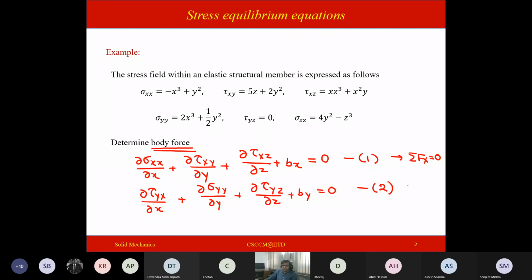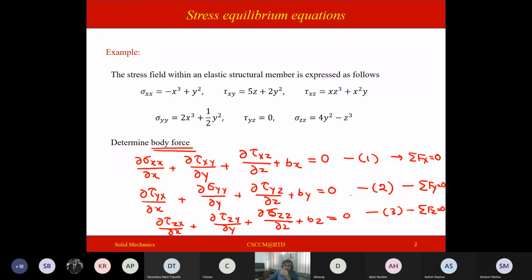This is my equation 2, obtained by equating Fy to 0. And lastly, I have the third one, del tau zx del x plus del tau zy del y plus del sigma zz del z plus bz is equal to 0. This is my equation 3, obtained by summation Fz is equal to 0.